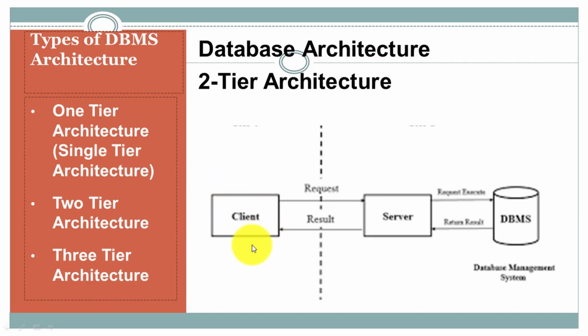The presentation layer includes a PC, laptop or any device, and the data server. The client sends a request, and the server executes a particular query and gives the result to the client. That's why this architecture is also known as client server machine.